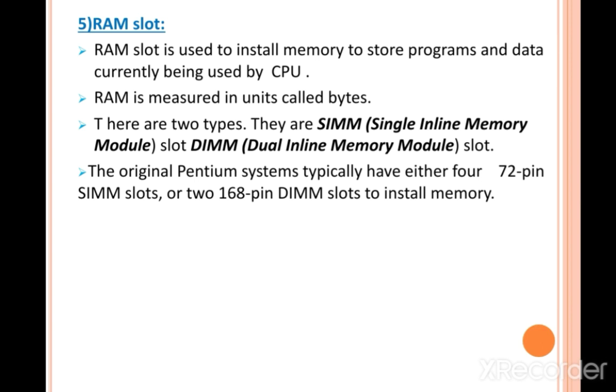The second type is DIMM, that is dual inline memory module slot. The original Pentium systems typically have either 72-pin SIM slots or two 168-pin DIMM slots to install memory.